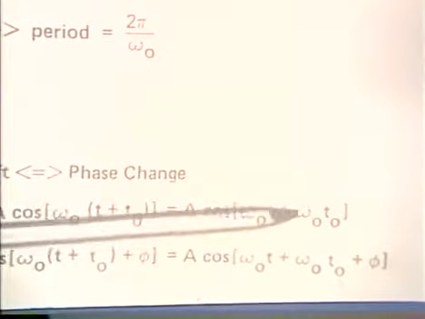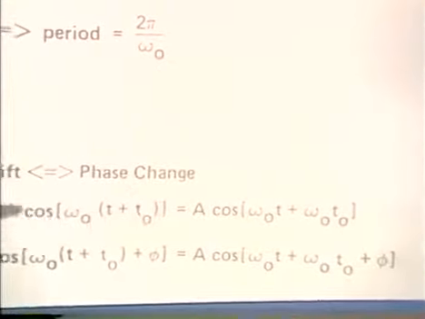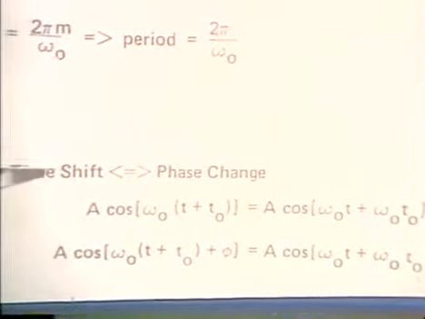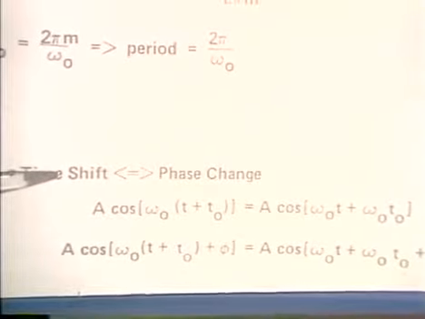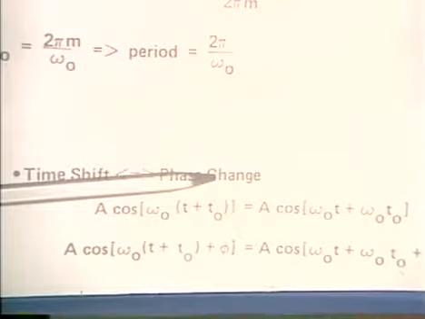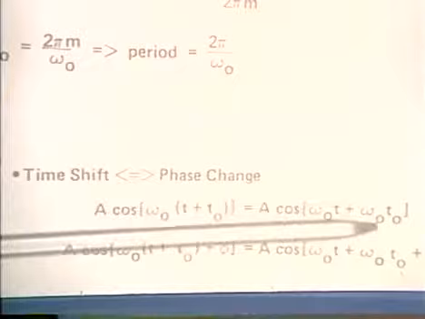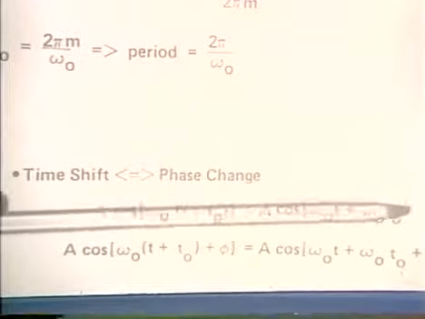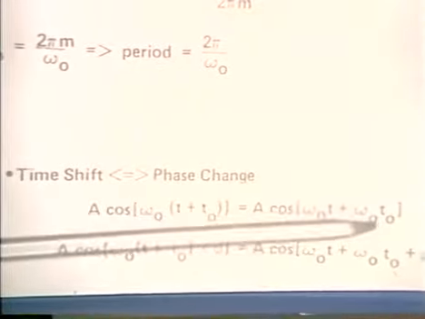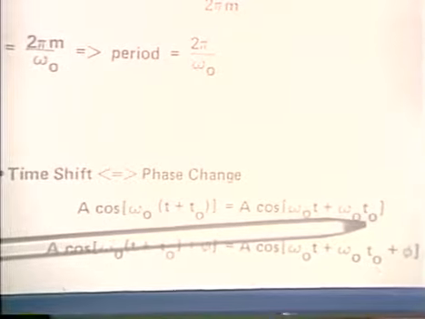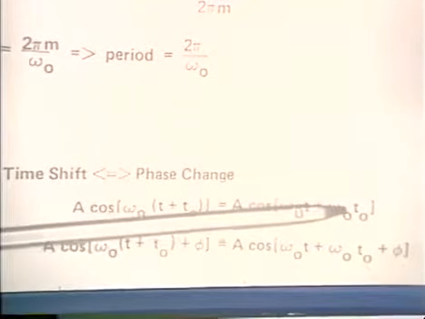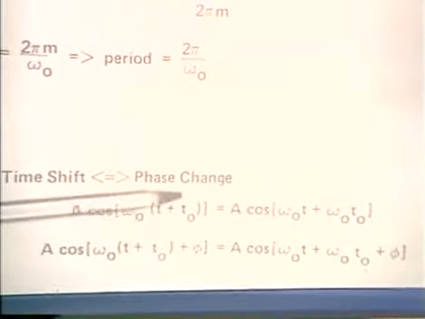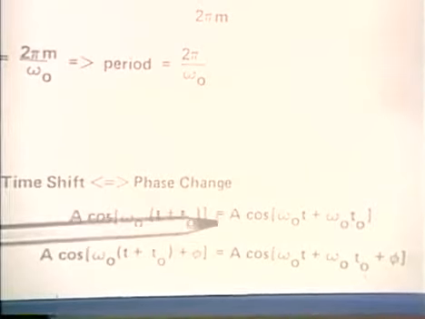And an important thing to recognize about this statement is that not only is a time shift generating a phase change, but in fact, if we inserted a phase change, there is always a value of t0 which would correspond to an equivalent time shift.